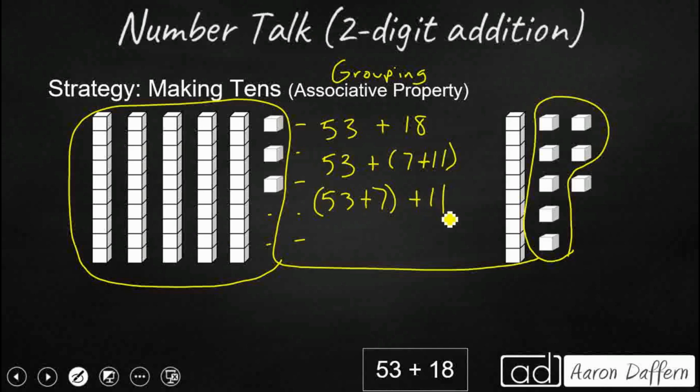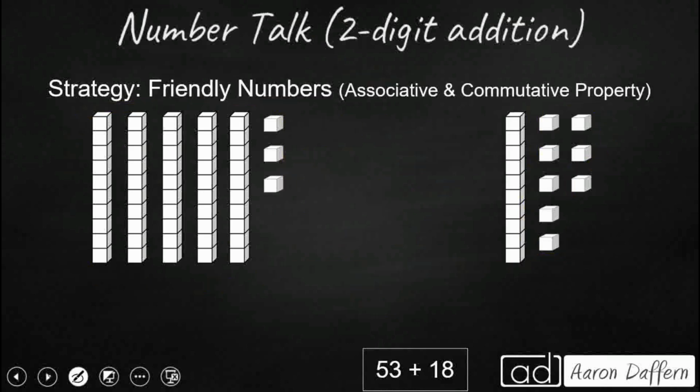That's going to be a little bit easier for me. So 53 plus 7 gets me to that next 10 I was looking for, 60. And then 60 plus 11 is easy to do in our head because there's no regrouping necessary. It gets the answer 71. Hopefully that's what you got when you tried to figure out 53 plus 18.